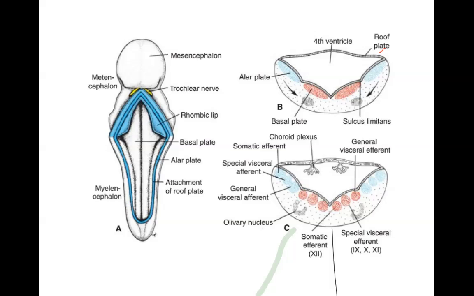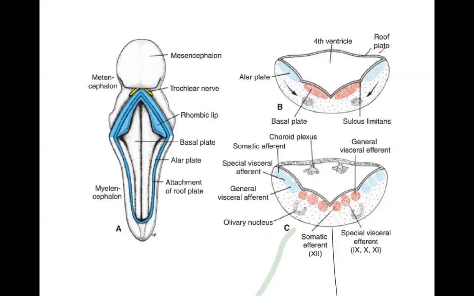If you can somehow relate diagram A, basal alar plates, to diagram B, can you see that there is a sulcus in the middle, and then you have a basal plate on each side. Then there is a sulcus in the middle, and you have alar plates on each side.